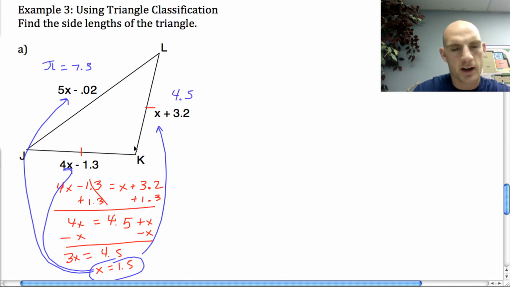And here's my check. I've got 4x minus 1.3, so these 2 should be the same. So I'm going to say LK is equal to 4.5. Sorry, 4.7. My mistake. Should be 4.7. You're right. I heard you saying that. And this one ends up being 4.7 as well.